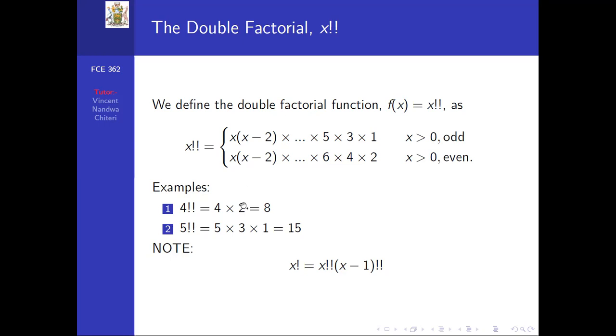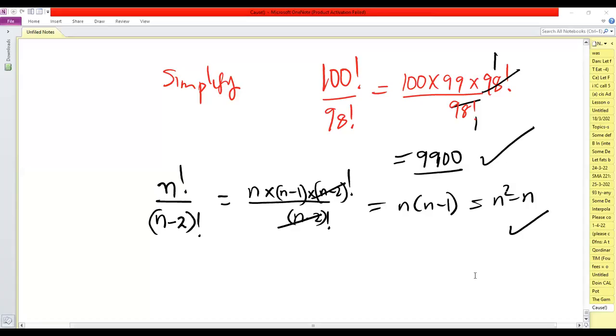From this definition of the double factorial, we see that x factorial is the same as x double factorial times x minus 1 double factorial.